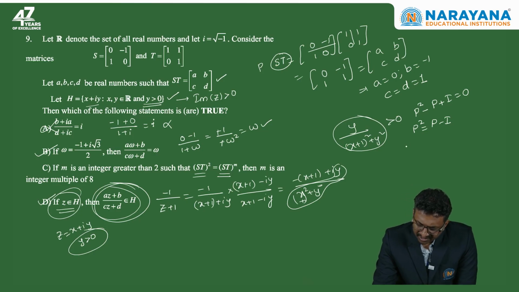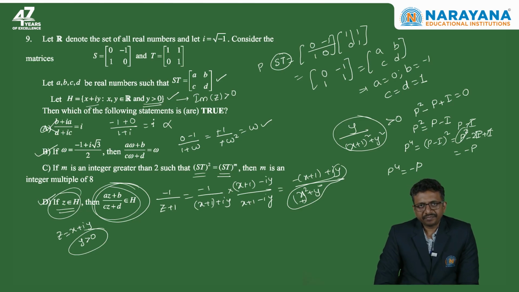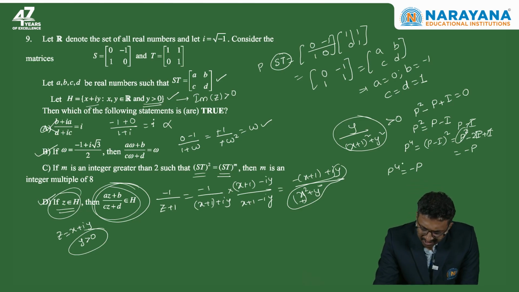So let's go for P power 4. P power 4 is equal to P minus I whole square, which is equal to P square minus 2P plus I. Again, P square is P minus I, right? So plus I and minus I get cancelled. You get minus P. So P power 4 is equal to minus P. And as you can see, P is a non-singular matrix, that is, not equal to 0.